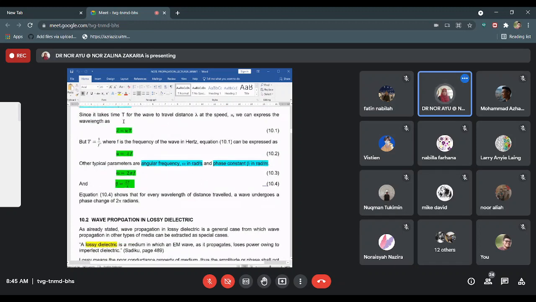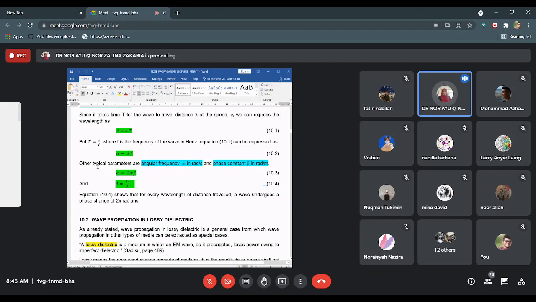Okay, so how we relate lambda and the period of time, we have this equation where lambda is equal to u T, where u is the speed or the velocity. Okay, and then we have T is equal to 1 over f. All right, and then the velocity u just now will equal lambda over T, that is lambda f.